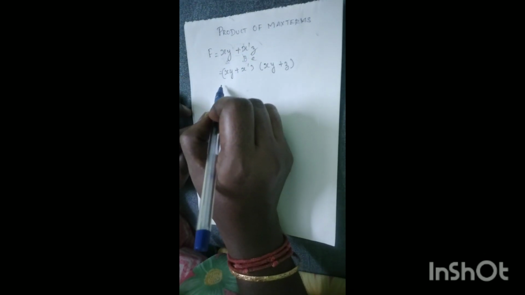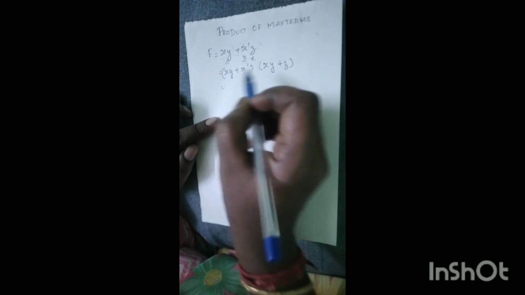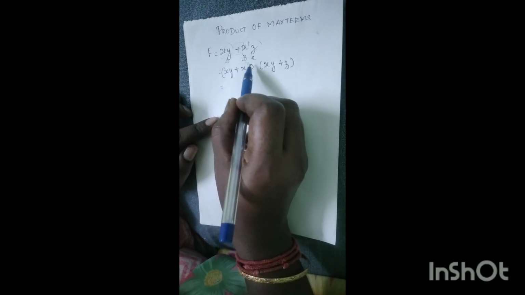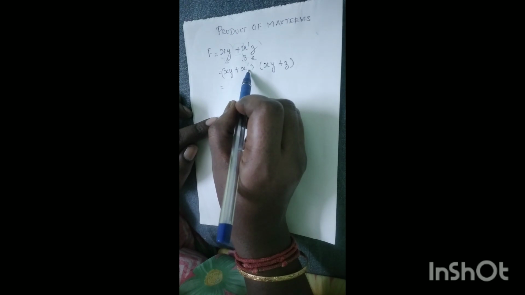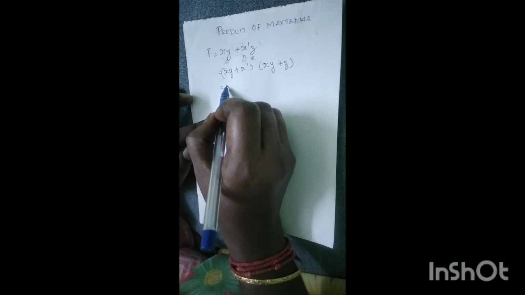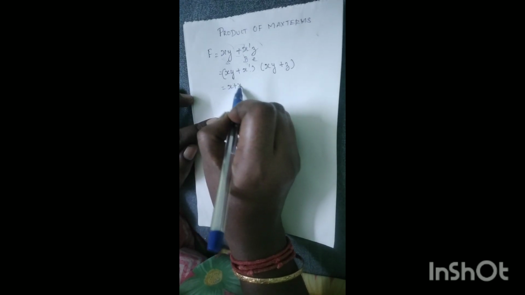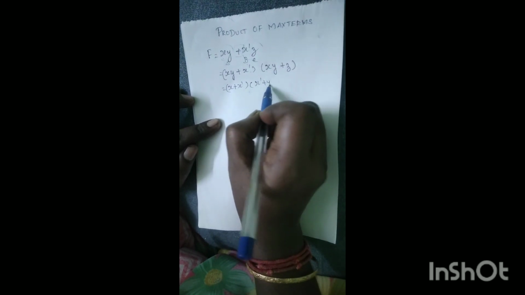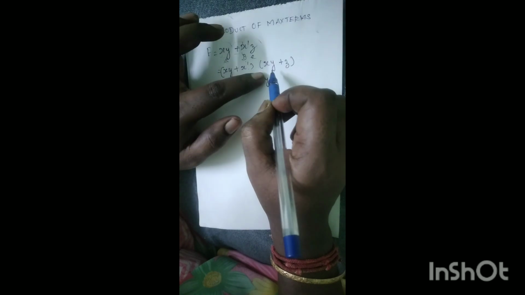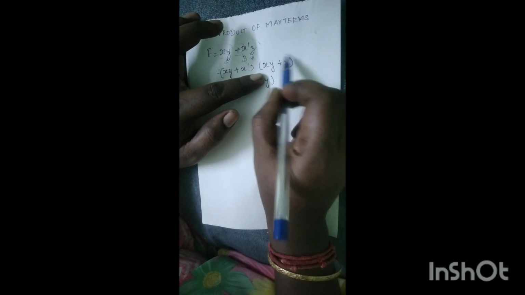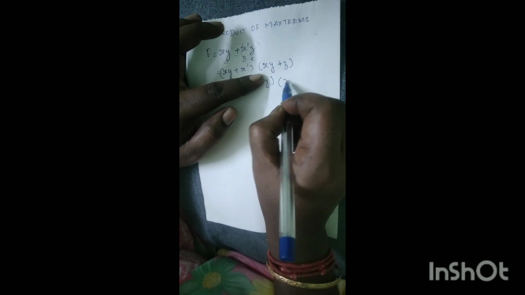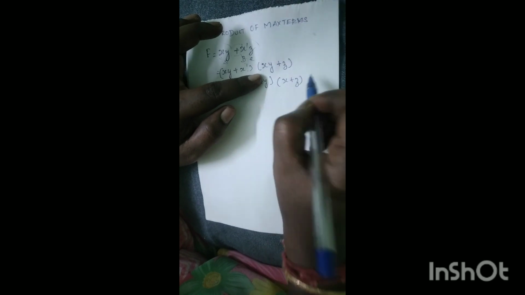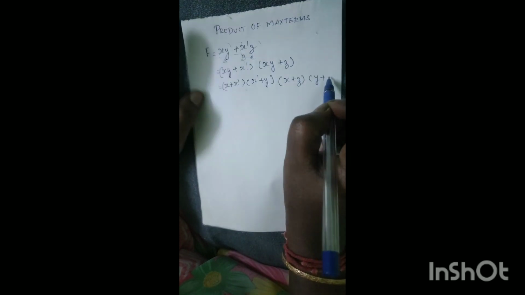Again, we apply the distributive law to this OR term. It becomes x plus x dash into x dash plus y. Again, we apply the distributive law to this term. It becomes x plus z into y plus z.